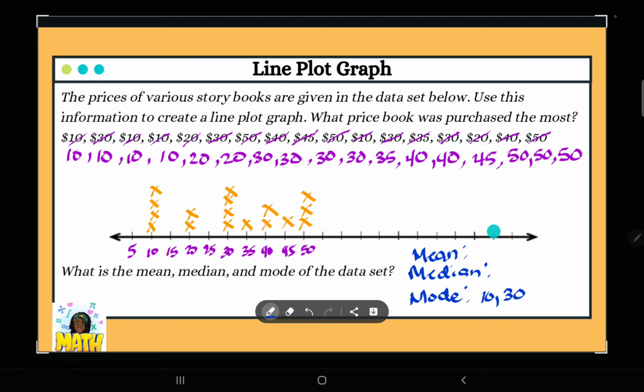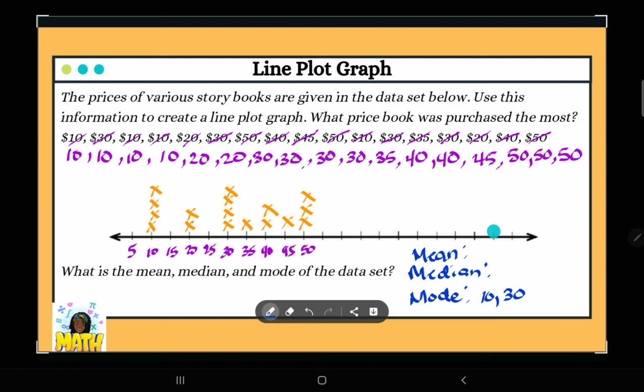Now I have 17 numbers in my data set, so the number in the 9th position would be my median. If I count off, I have 3 and 4 here, so that's 4, 4 on here as well, and then these two would cancel each other out. So that's 6, and then my 7th here.